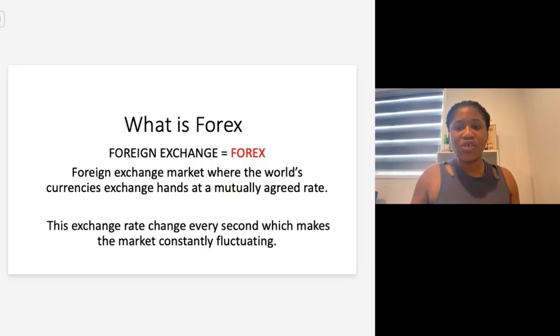Forex trading, just like the name says, is foreign exchange, that is, you're exchanging currency. The foreign exchange market is where the world's currencies are exchanged at a mutually agreed price. These exchange rates change every second, which makes the market constantly fluctuating.